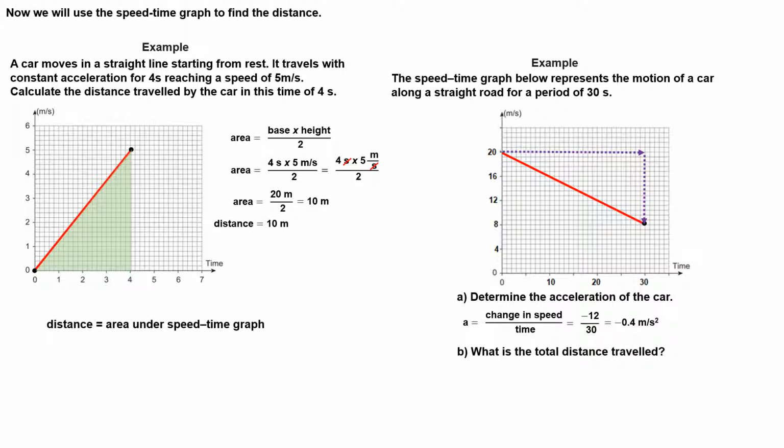What is the total distance traveled? If you don't remember how to find area of the trapezium, you should see this video before continuing. This is the formula to find the area of trapezium.